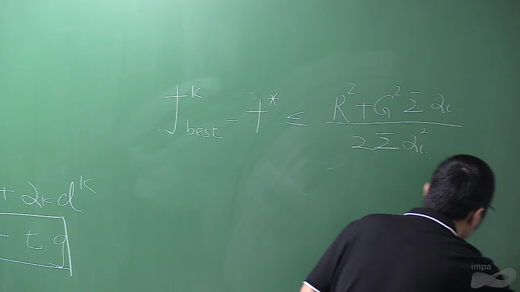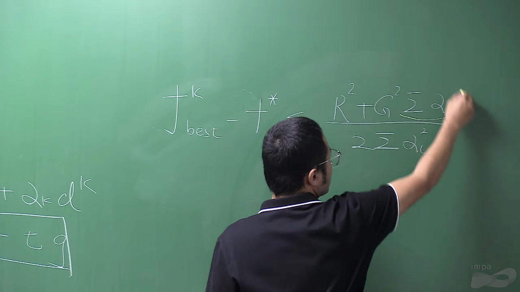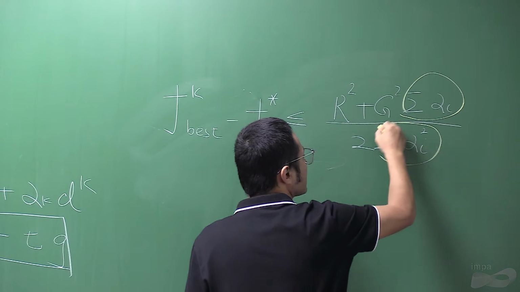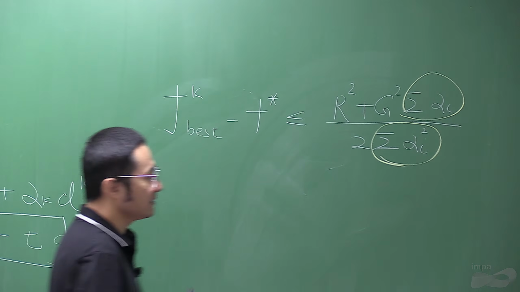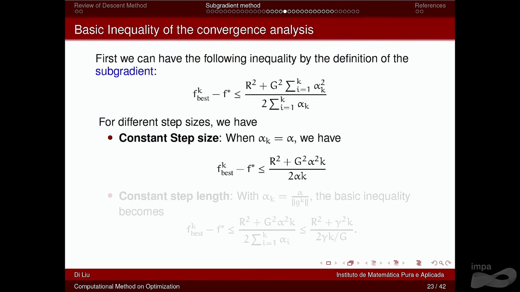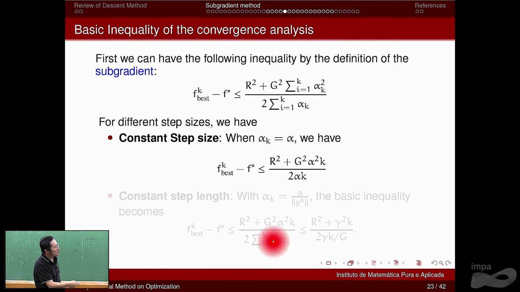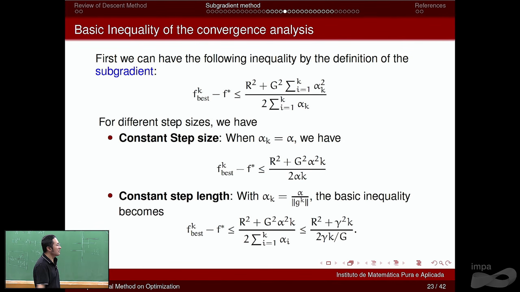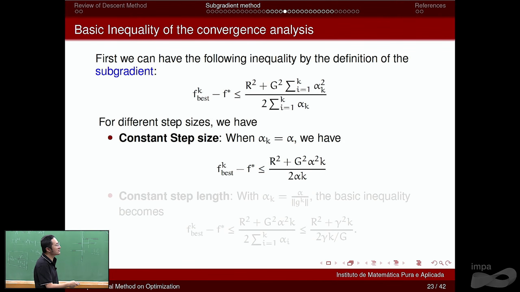So the only thing we need to analyze is the summation of the step size and the summation of the square of the step size. So we can analyze the different step sizes as we mentioned previously. First let's analyze the constant step size. If we choose a constant step size, alpha k equals some alpha, and we have this one.